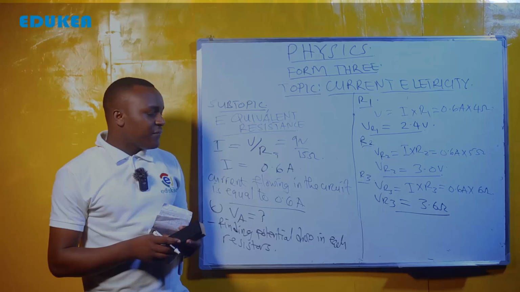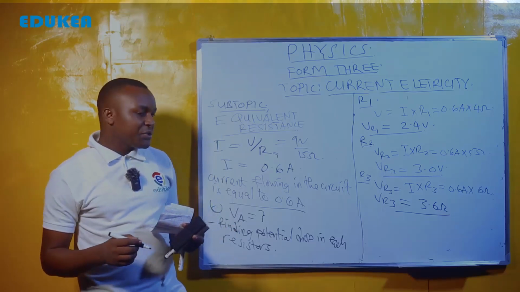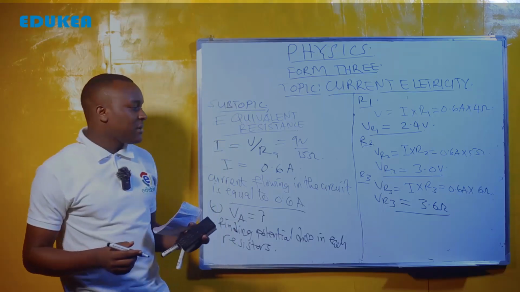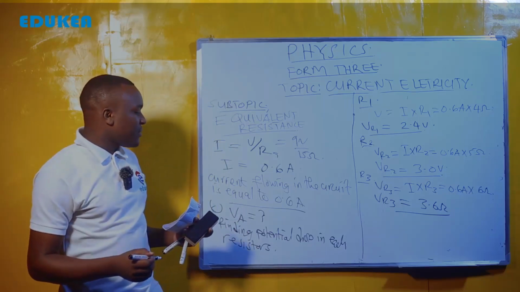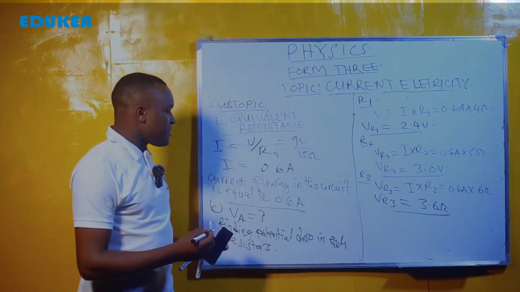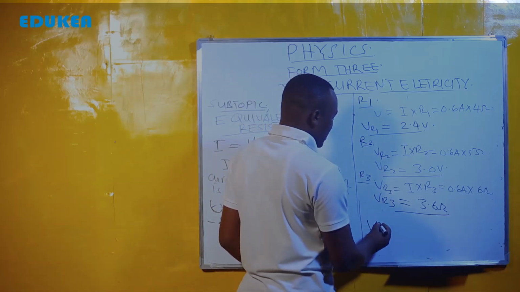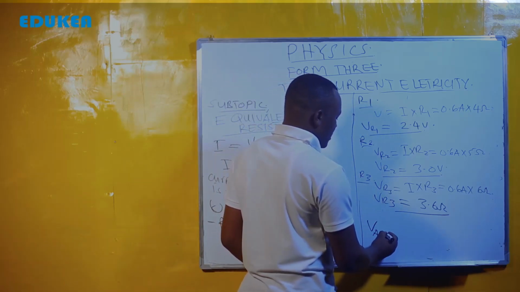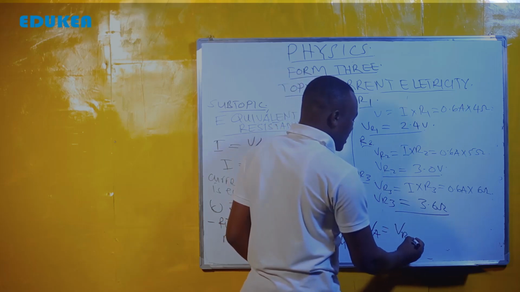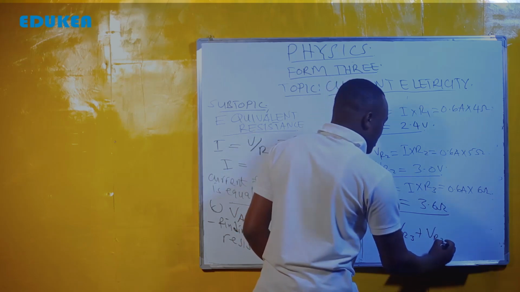So to find the potential at point A, we know that we start reading the potential at 0 volt, at the negative terminal. If you look at our diagram and trace back, you will see that to find the potential at point A, we take the potential at resistor 3, then we add the potential at resistor 2.